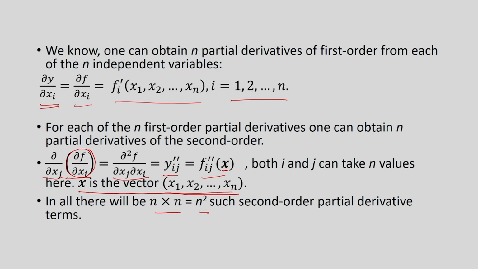From each of the n independent variables, you get one partial derivative of the first order, and from each of the first order partial derivatives, you can further differentiate partially with respect to n independent variables, and so from each of the n you get n more second order partial derivatives. So, in total n multiplied by n is equal to n² such second order partial derivative terms are obtainable.